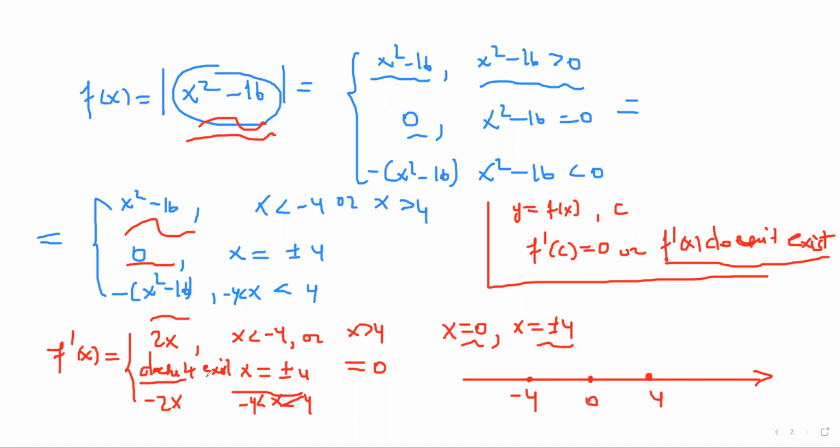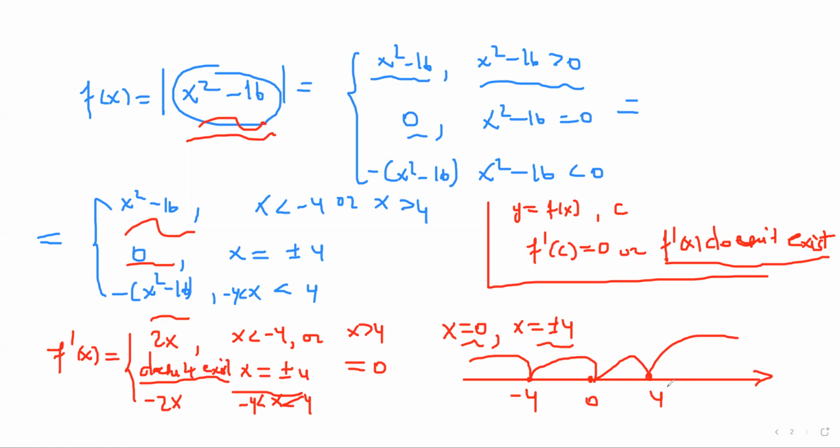Also, the derivative doesn't exist at plus or minus 4, and by the definition of critical points, we have to take them into consideration. So we divide the real line into these four intervals, and let's do the test, the sign chart.